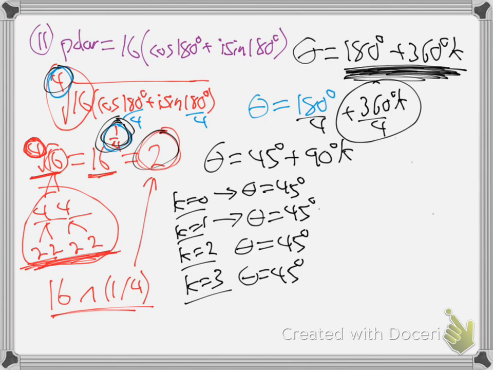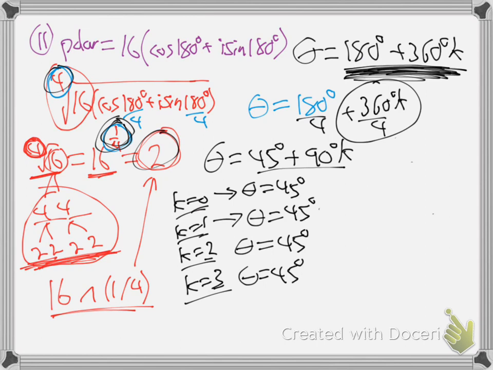That's why we do that. So we consider extra rotations, extra 360s, k times 360 divided by 4. We get this, and then you let k be 0, 1, 2, and 3 to get the 4 different answers. If you went beyond that, you'd just be repeating. This will be all the actual bounds.